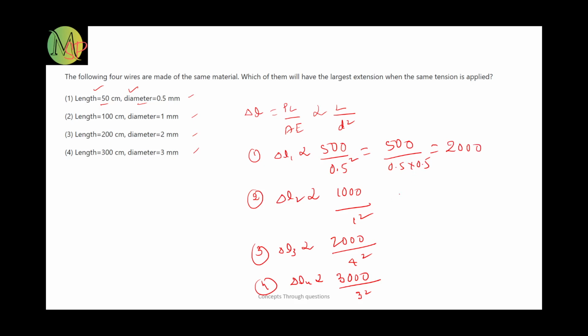Okay, and for the second one we are going to get 1000. For delta L3 we are going to get around 500.